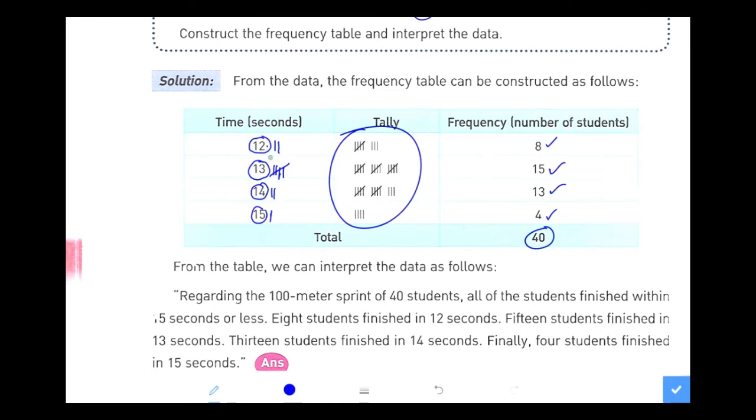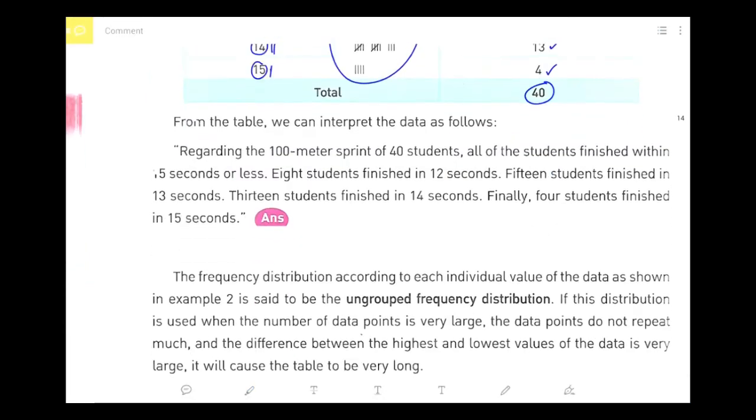We call this kind of table a frequency distribution table. We call this kind of frequency table an ungrouped frequency table. Ungrouped because they are alone. They are not in a group, right?